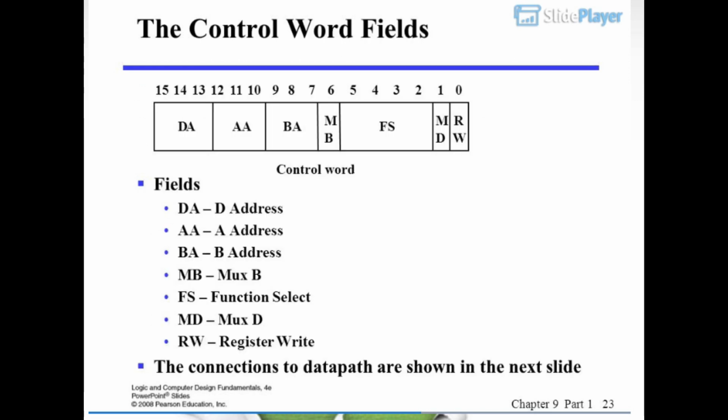The control word fields: DA, D address; AA, A address; BA, B address; MB, MUX B; Fs, function select; MD, MUX D; RW, register write. The connections to the datapath are shown in the next slide.